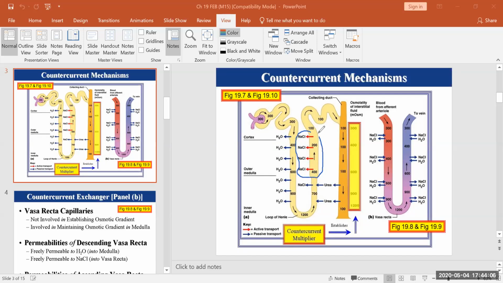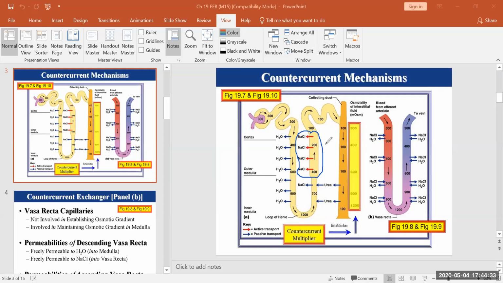The ascending limb is setting the tone. The ascending limb of the loop of Henle consumes energy, consumes ATP to actively send out sodium, potassium, and chloride, allowing them to leave the renal filtrate and go into the interstitial space.